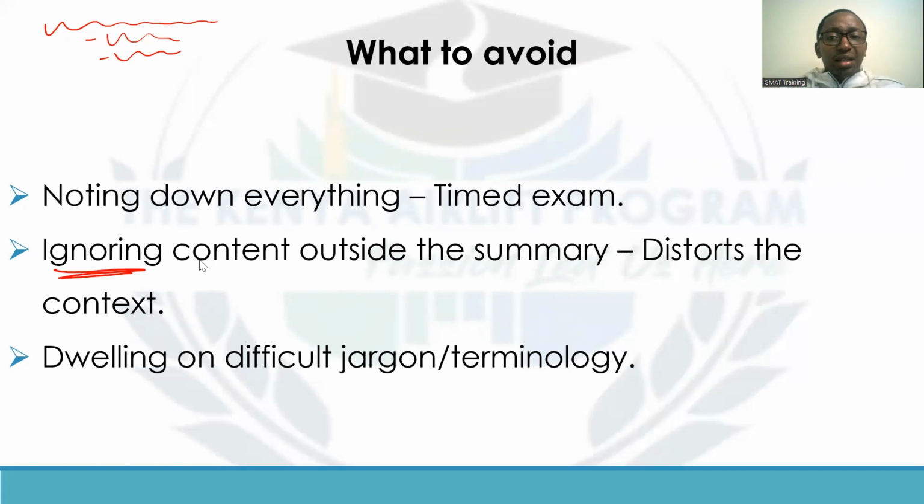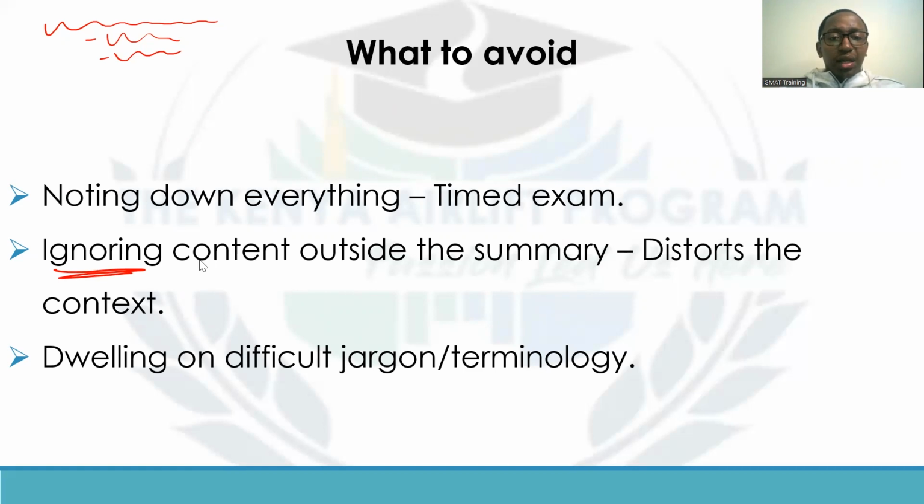And then the third thing to avoid is dwelling on difficult jargon or terminology. This means that you read a paragraph and then you find one word that is strange to you or new to you, or you've never encountered before. And now you start asking yourself, what does this word mean? I don't know the meaning of this word, so I can't understand what the passage is about. So do not do that.